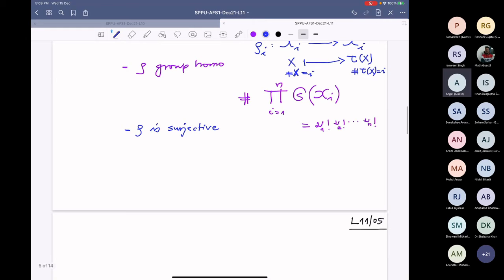The third thing, importantly, I want to know what is the kernel of rho.